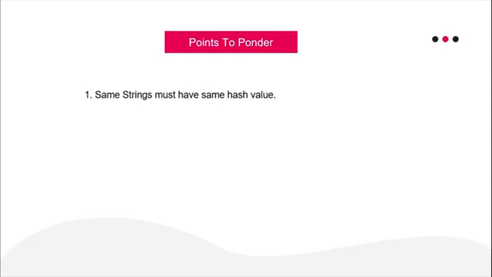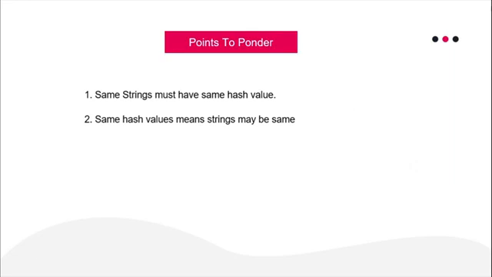If you passed say AB and it has generated value say 68, now you are passing AB again, it must generate 68. So the same string must have the same hash value. If your hash value generator is not able to do that, then it is not a good string hashing generator. And don't worry, we'll be learning about polynomial rolling hashes, which are good.